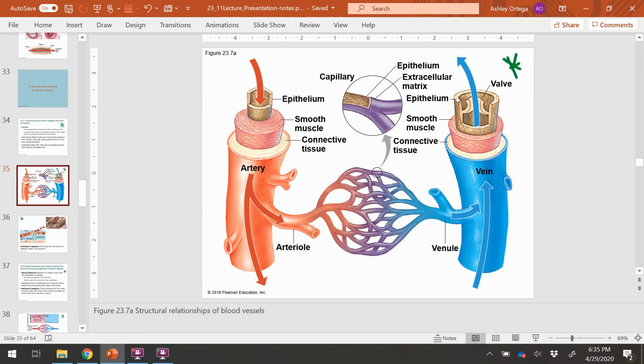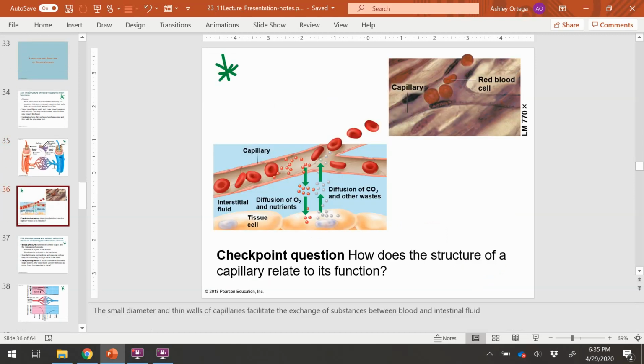Also pictured here is the valve in the vein that prevents any backflow. Once the blood goes through that valve, it cannot return, and that helps in getting the blood back to the heart through the veins. Here on this image, you can see the capillary.